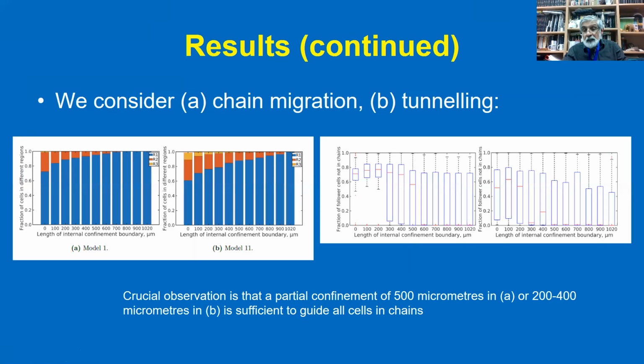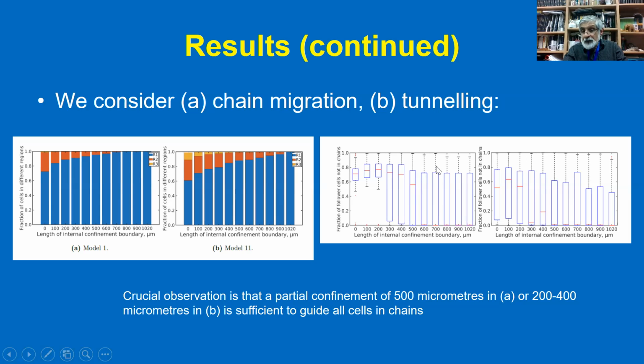And what we found, if you look here, these are stochastic simulations, so we have to do lots of them. This here is the mean fraction of cells that are not in a chain. So if this is high, it means it's really bad invasion. And along here is the length of the internal confinement boundary.